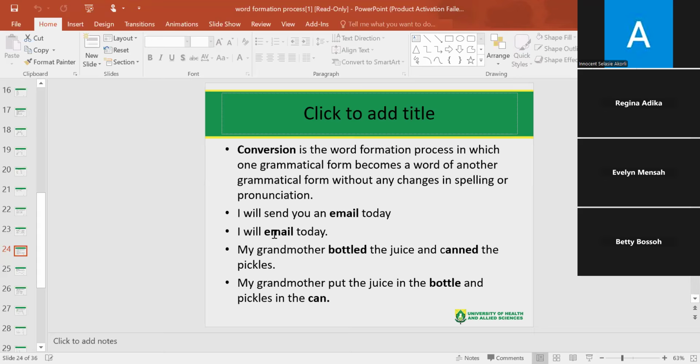Or you can say, bring me the bottle so that I can bottle the drink. Bring me the bottle is a noun, it's an object. That I can bottle the drink is a verb. Can you think of words like this in the English language apart from these ones?